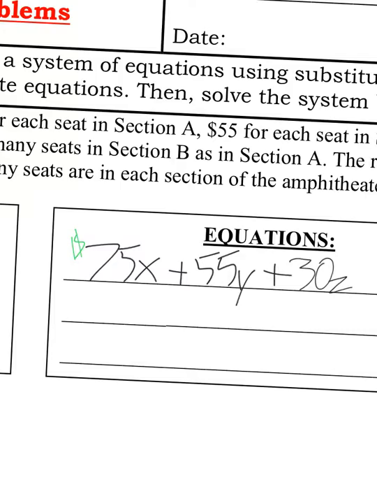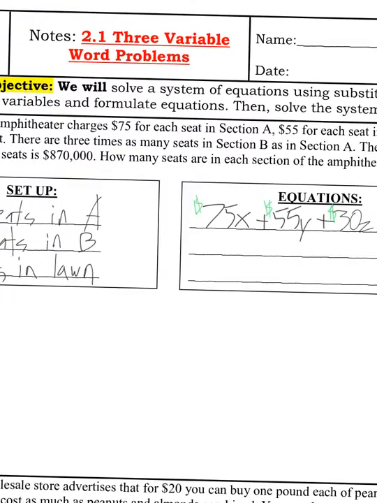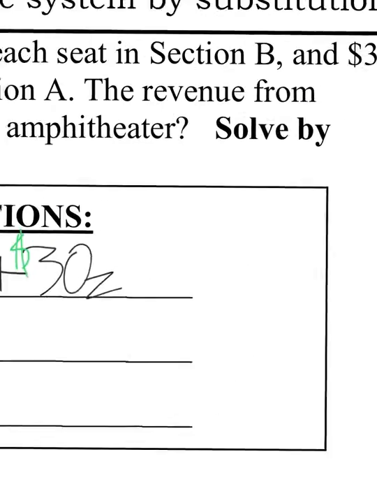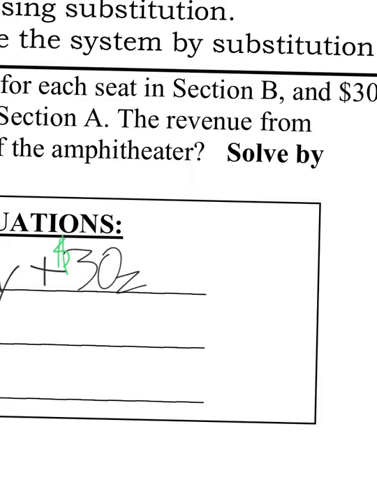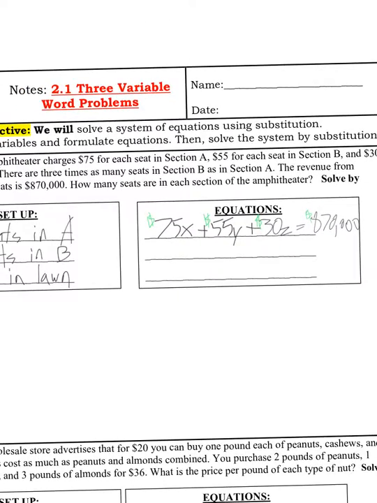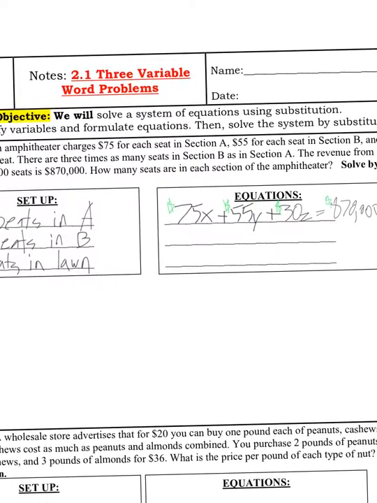So if they're all dollar amounts, what it has to equal is a dollar amount. And it says all the seats raise $870,000, so I'm going to make it equal $870,000. Now, once you use a number, it's not going to get used again, so we're not going to see any of these 4 numbers again in the other 2 equations.